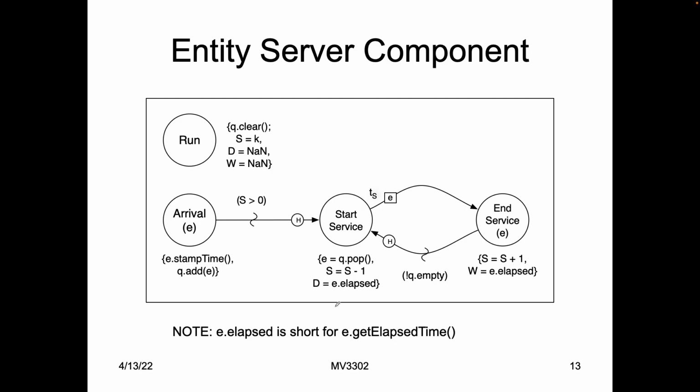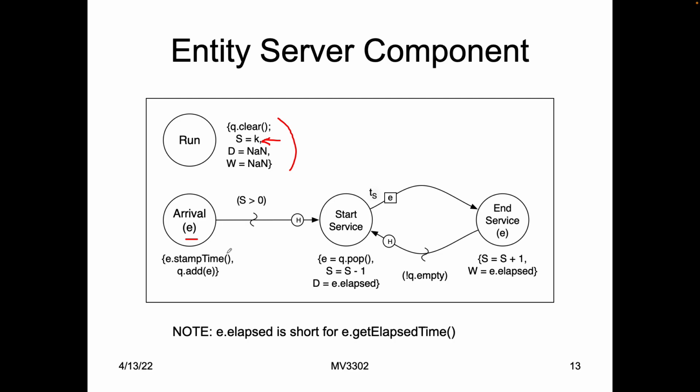So here's what that component looks like. And again, just to keep things a little less messy, there's a bit of shorthand for this. So again, the run event, we're going to clear the queue and initialize our number of available servers. The other two are actually somewhat optional. Okay, so now our arrival event is going to have an argument, which is going to be an entity.